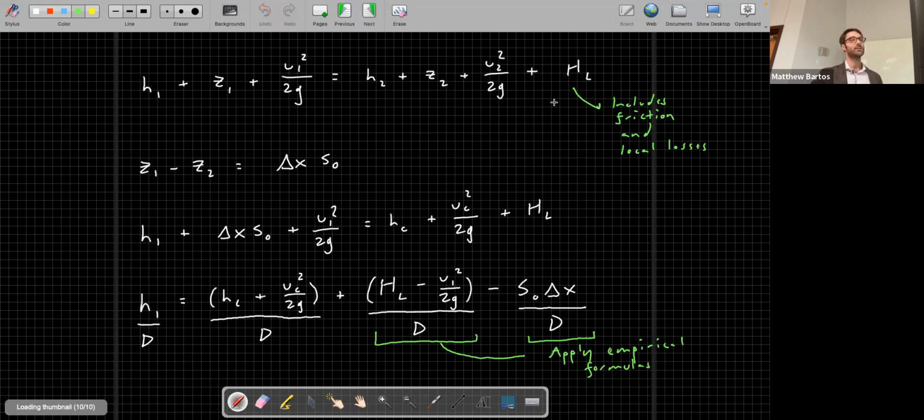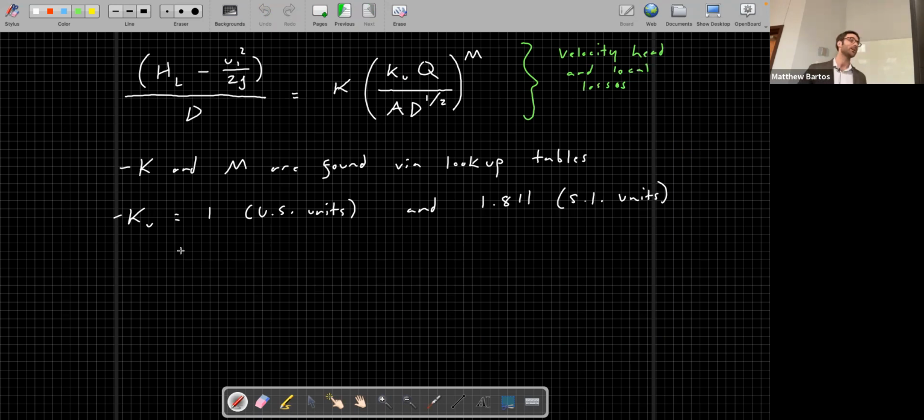We also need some equation to describe this term here, which depends on the distance from the upstream end to the location where critical depth is achieved. So to do that, we also use another empirical equation. So let me just write this out. We have that negative S naught times delta X over D is equal to a term that we'll just call Z.